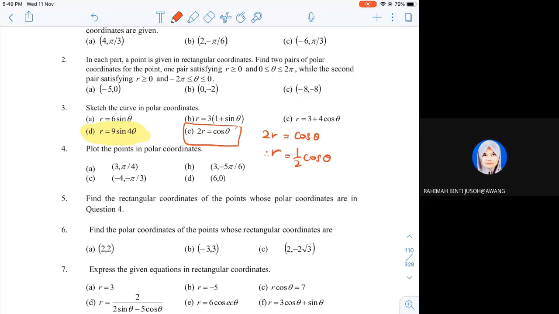So where's the position, X-axis or Y-axis? X. Yes, so it should be here, right? So the value here is 1/2, right? Correct. Understand? Okay.